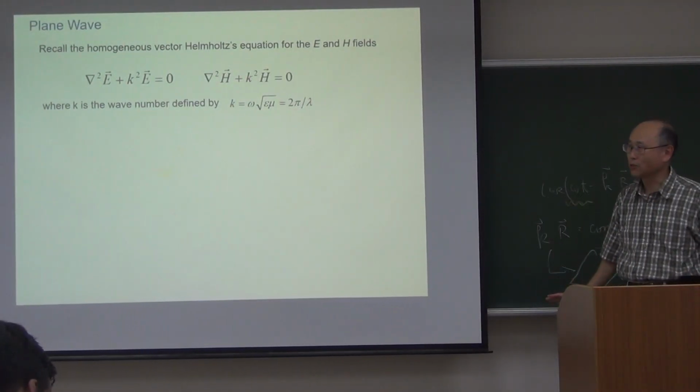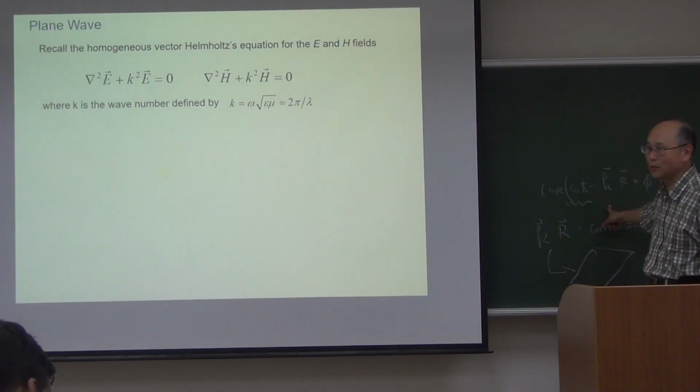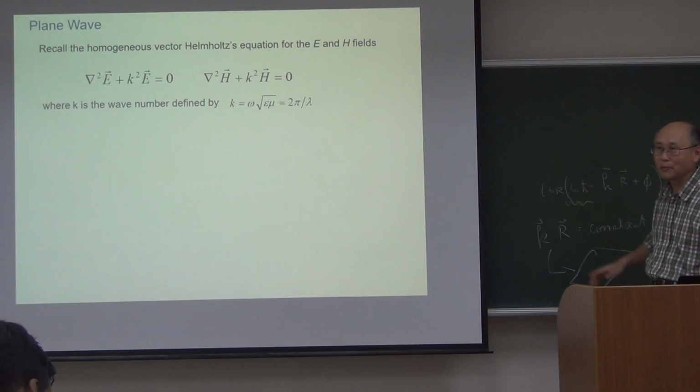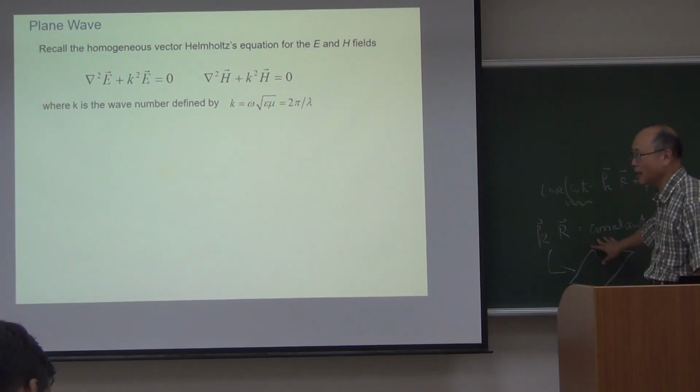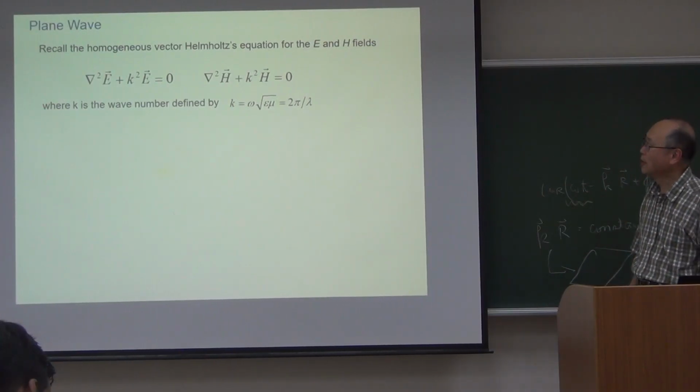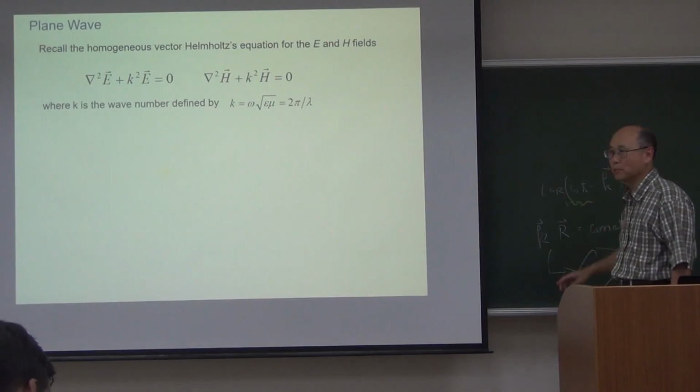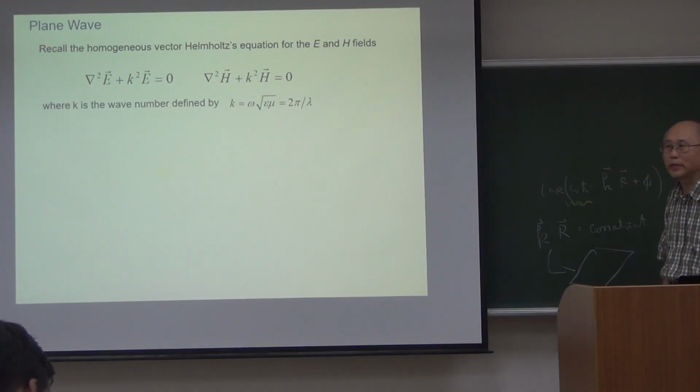But not all the solutions. This is not the only solution. Be careful that there will be other solutions, not just the plane wave solutions. But this solution is most convenient when we deal with Fourier optics. Therefore, we pick up this solution and then understand everything about physics.